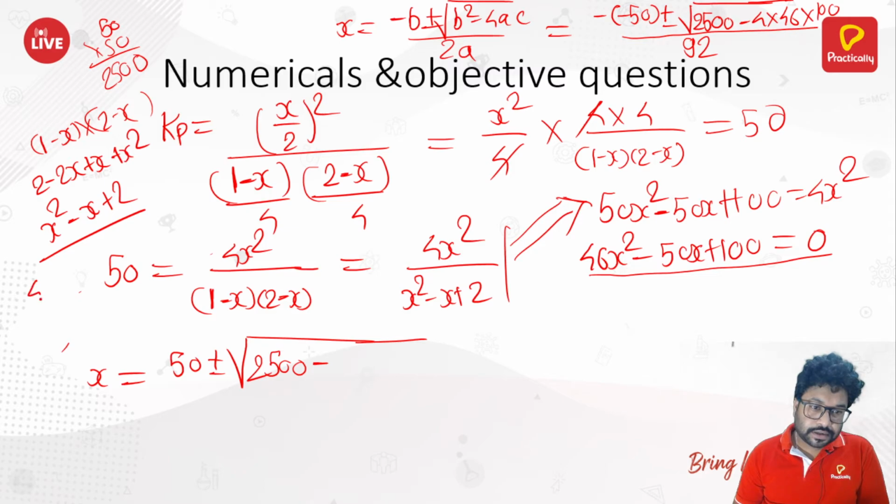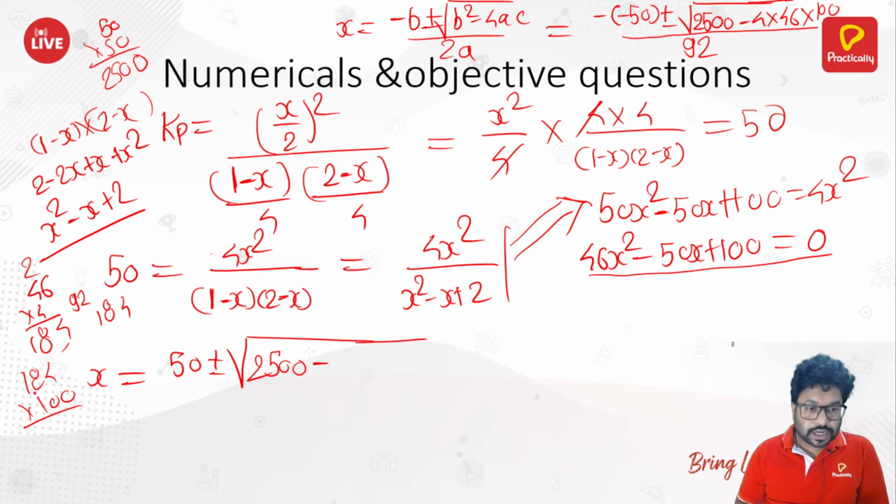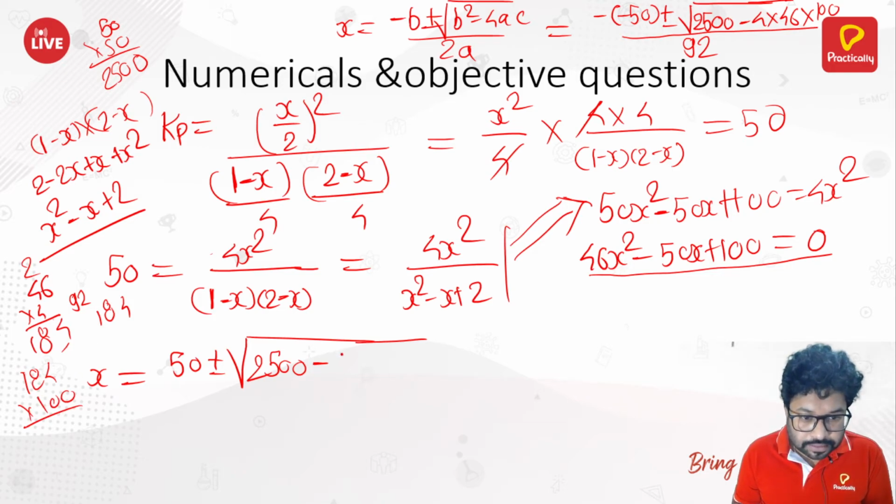How much? 46 into 4 is 184. So 184 into 100 basically becomes 18,400.